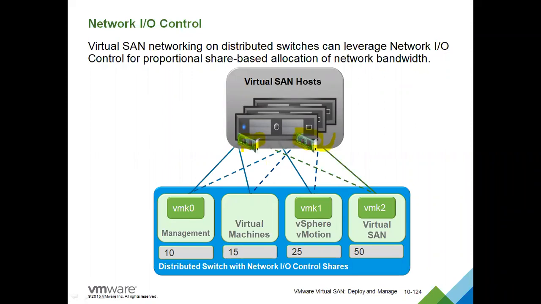You can see in this picture, the second one is active for VSAN and standby for the rest, and the first one is active for the rest of the traffic and standby for VSAN. Either we can go with this architecture, or if both are active, then we have to reserve the bandwidth from NIOC for this VSAN traffic.